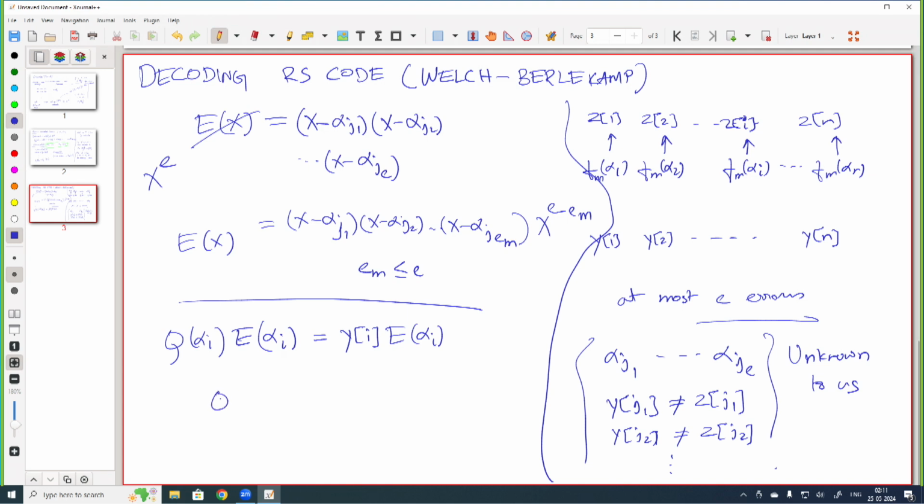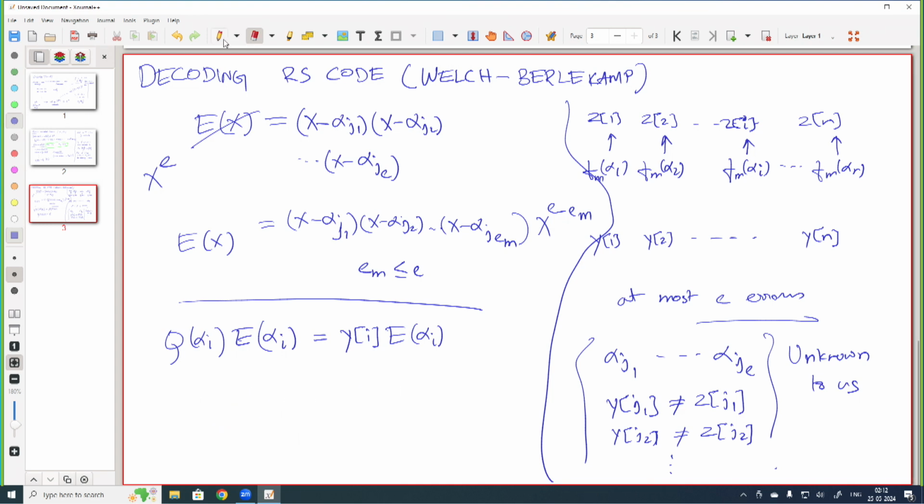More correctly, I should have written this expression q of x times E of x equals to y, whatever that is. No, I want to write it in terms of polynomials. So, wait. No, okay.